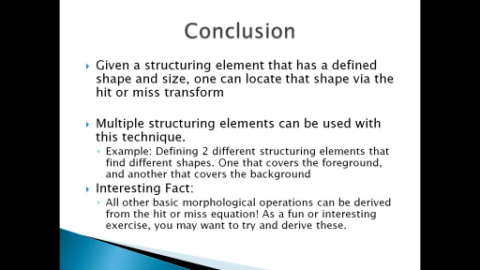Multiple structuring elements can be used with this technique, and I have an example here in which one useful case may be to define two different structuring elements to find maybe different shapes, where one takes care of the foreground, and the other structuring element may take care of the background. You can look at those dimensions differently however you may want to by defining those structuring elements.